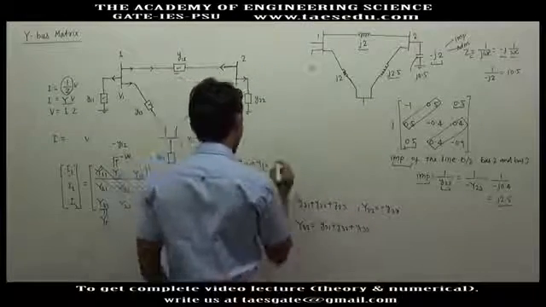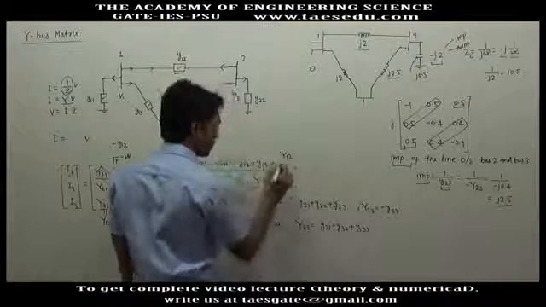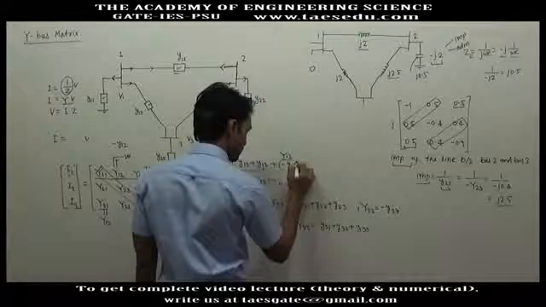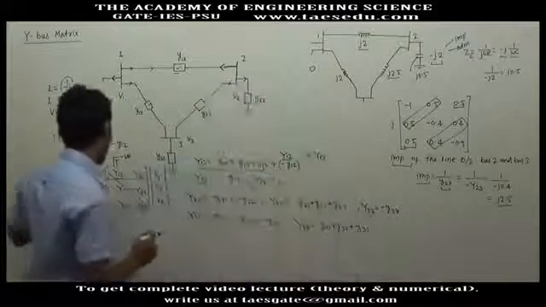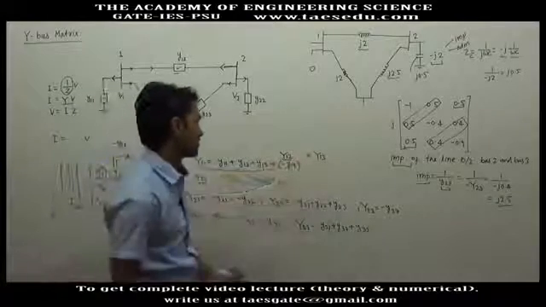If you add Y12 here, what is Y12? This is nothing but minus of small y12, and Y13 is minus of small y13. I am adding capital Y11 plus capital Y12 plus capital Y13.